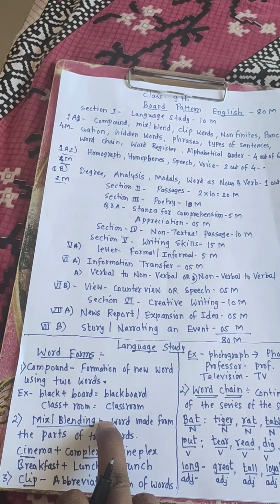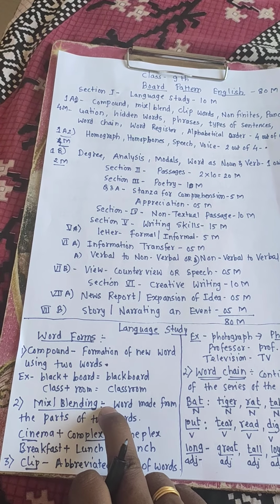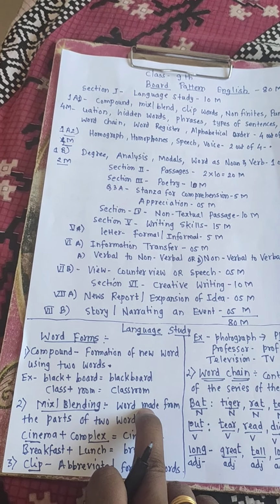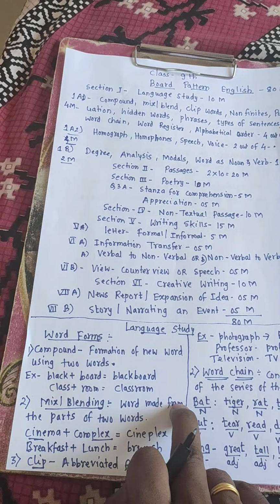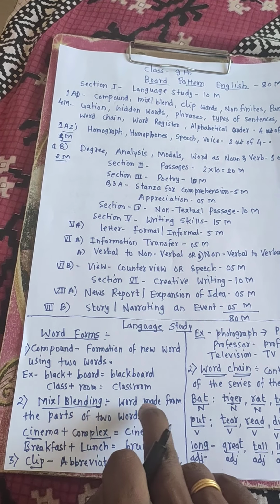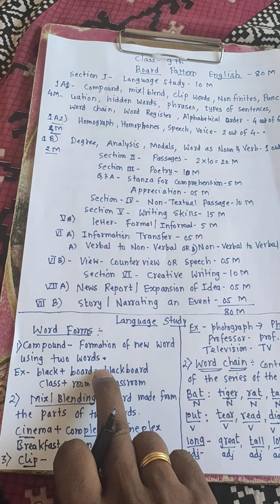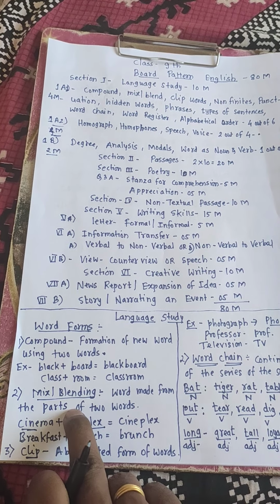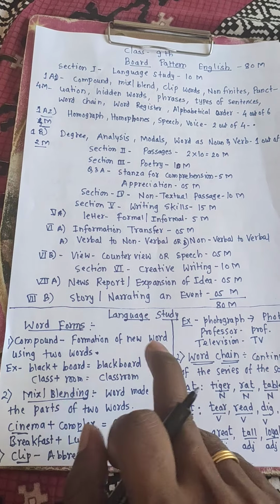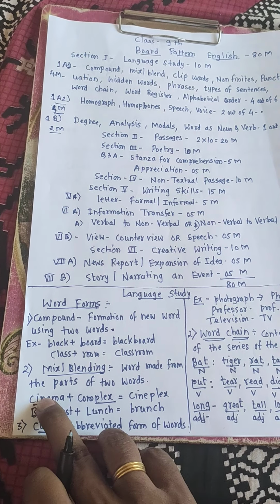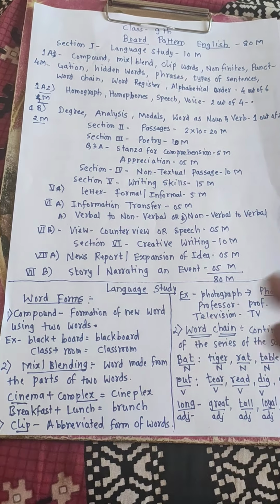Then mixed words or blending words or blend words. Now this is a different category. It means words made from the parts of two words. Here complete words are not mixed. Only some part of those words are taken together and new word is formed.